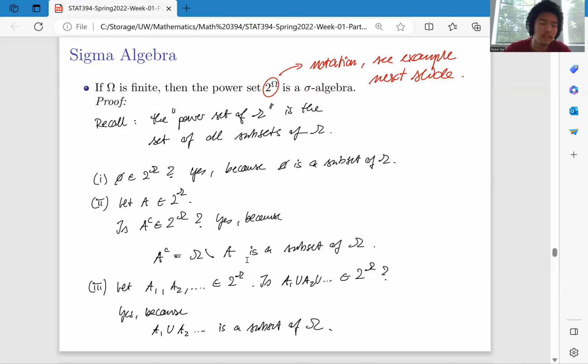As a result, if they are subsets of it, their union cannot have any new elements. It's just the elements of each of them, at most, or it would not be a union set. So in this case, it is also smaller than or equal to the set omega. So the union is definitely a subset of omega. So the three properties have been proved.